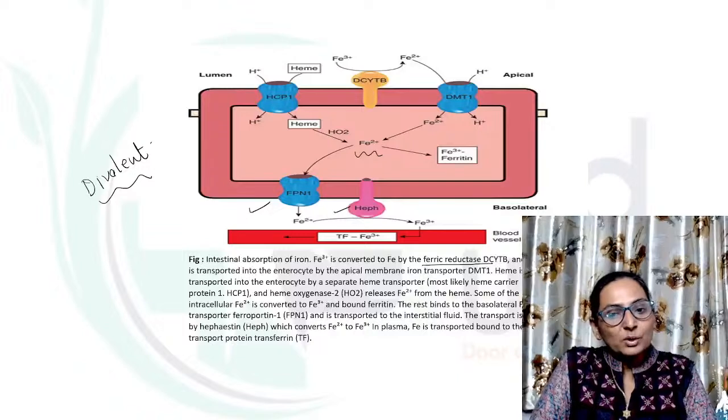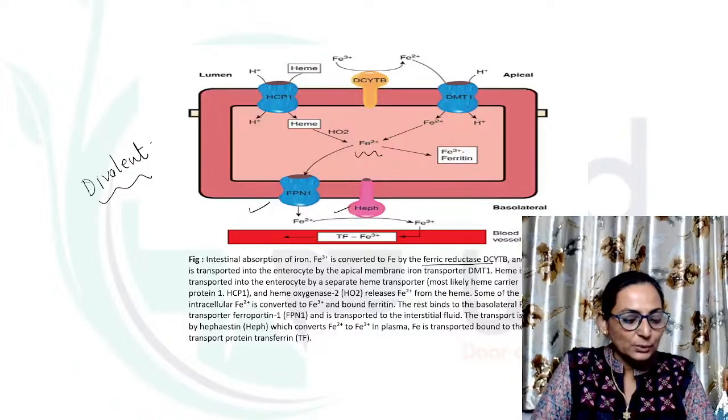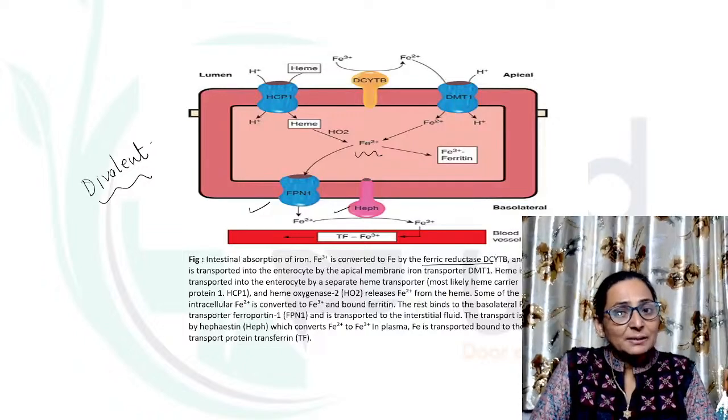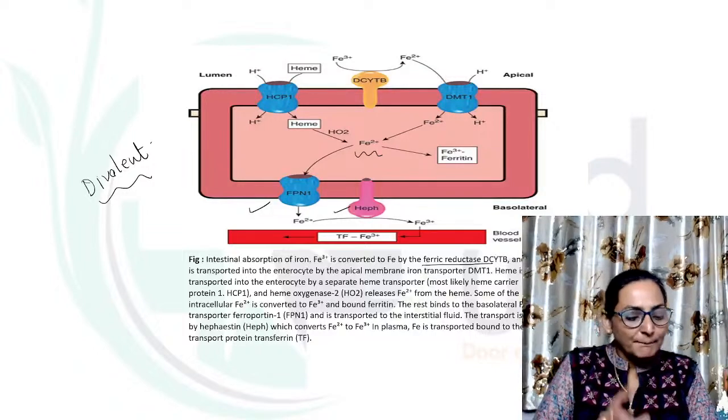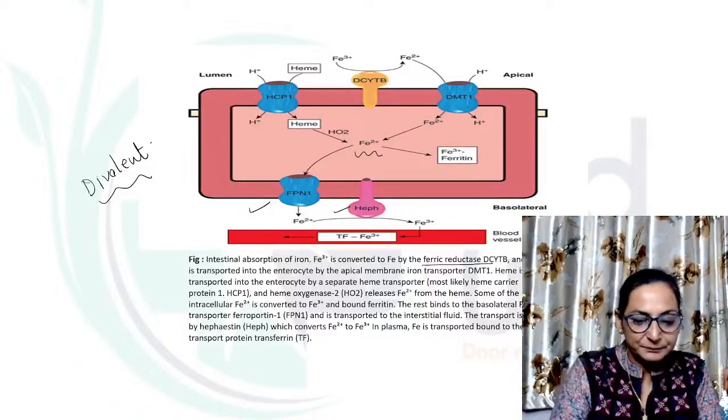The transport is going to be along with transferrin, and the storage form is going to be ferritin. So divalent metal transporter 1 is to be remembered on the apical side, ferroportin and hephaestin on the basolateral side.